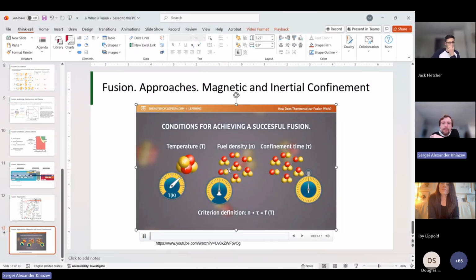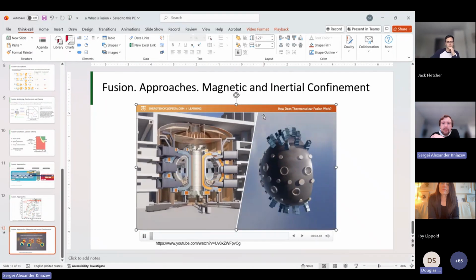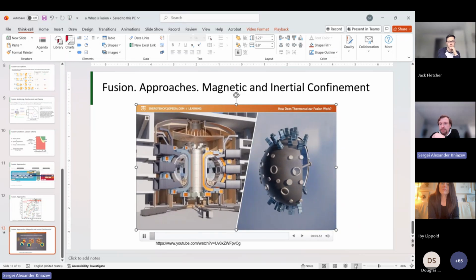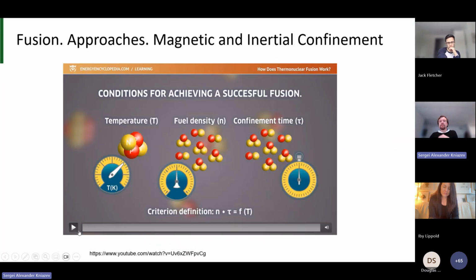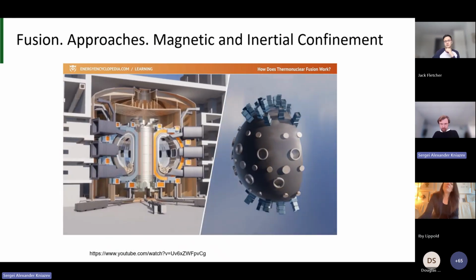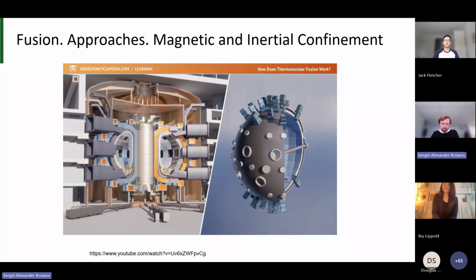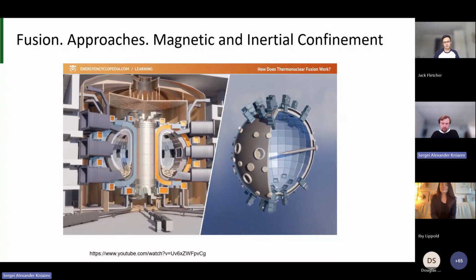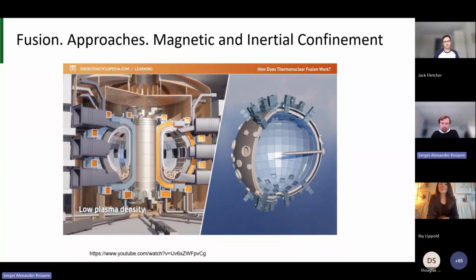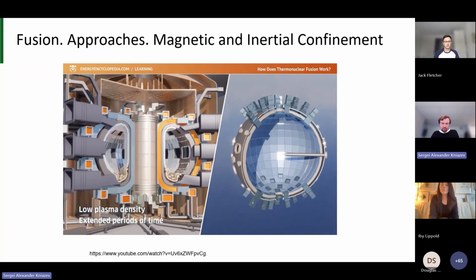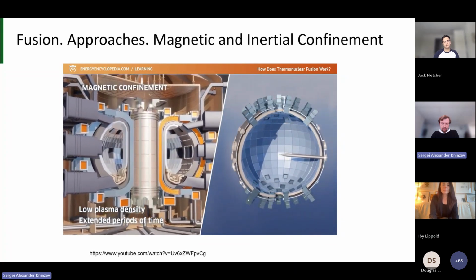And results of Lawson's criteria, there are essentially two options for achieving an economically viable fusion. The first possibility is to maintain a relatively low density plasma for a longer period of time, which is the basic principle of magnetic confinement.